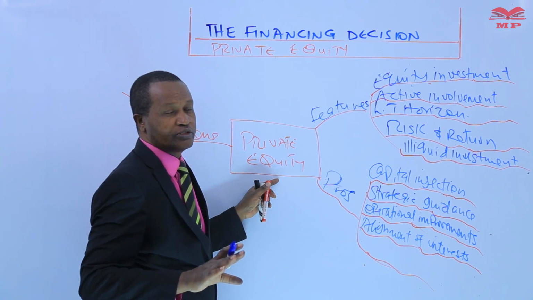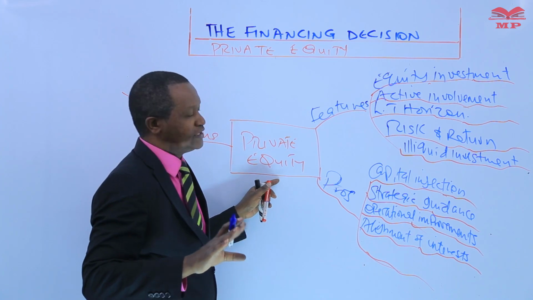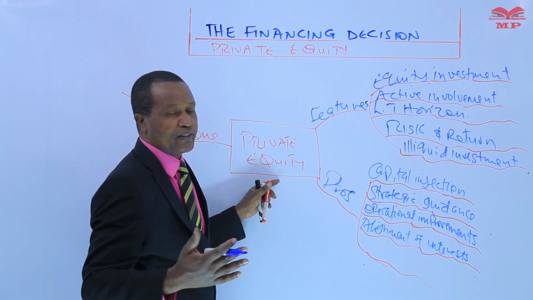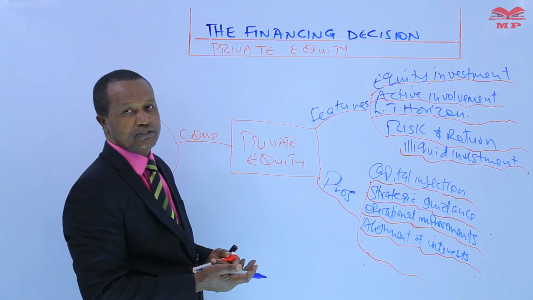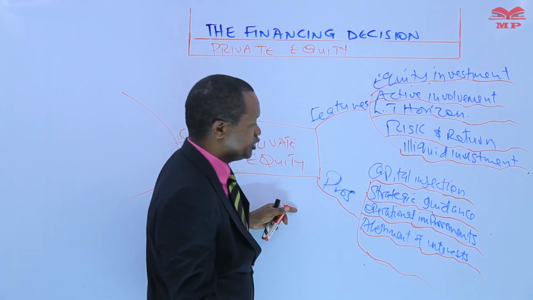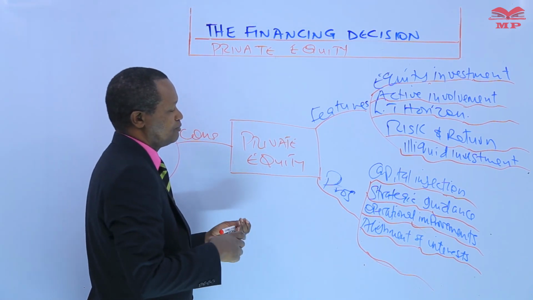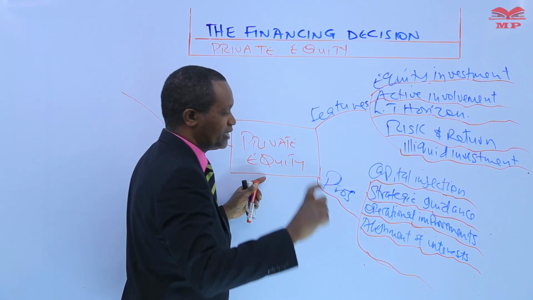Why? Because both parties benefit from the company's success. And this alignment can then foster a collaborative relationship between the private equity investors and the management of the private company.